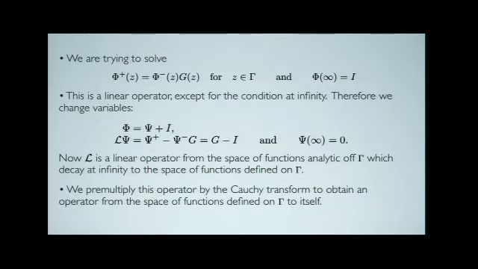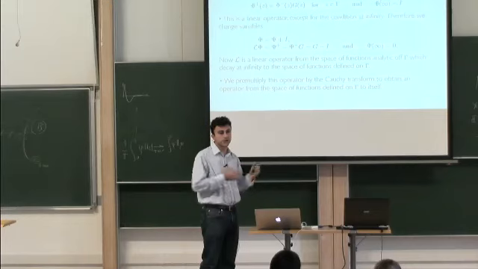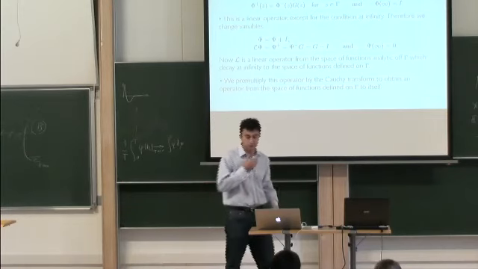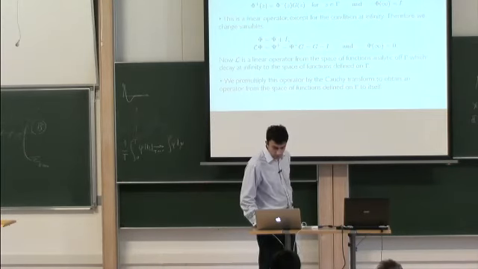So we just replace phi with psi plus identity. So if psi goes to 0, phi goes to the identity. And therefore, we get this linear equation with the condition at infinity that it goes to 0. Therefore, we can add solutions, and we have superposition.